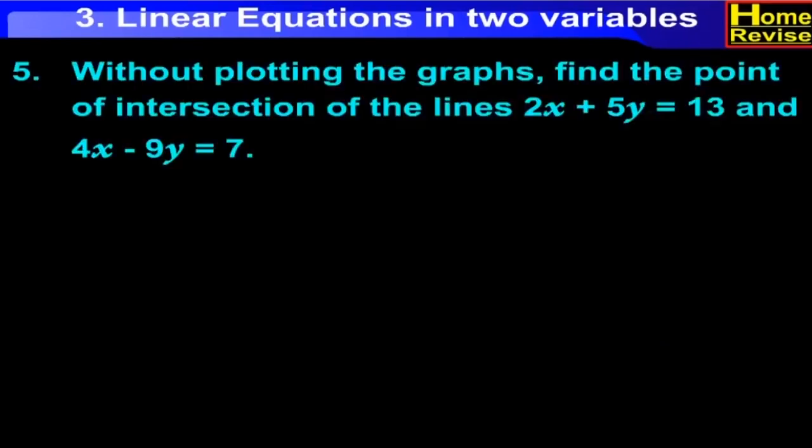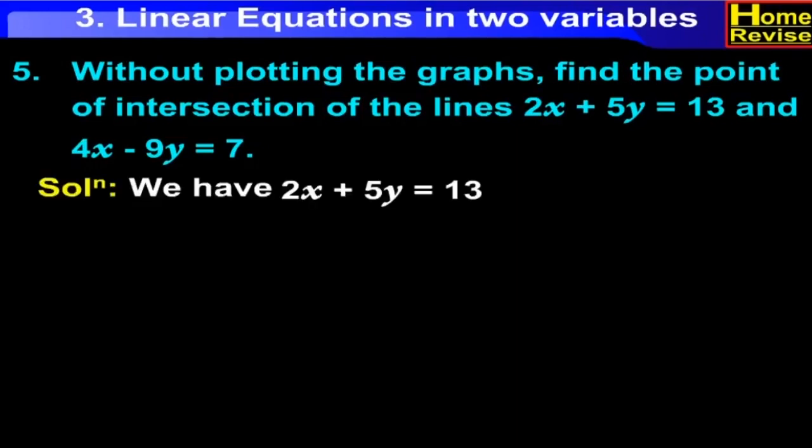Without plotting the graphs, find the point of intersection of the lines 2x plus 5y is equal to 13 and 4x minus 9y is equal to 7. We have 2x plus 5y is equal to 13.